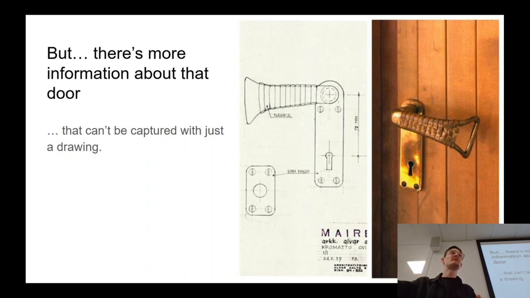And maybe there's a fire engineer who then has access to that information, who can then make a judgment on the fact that maybe today, if you wrapped this particular door handle in leather, they would say, well, I've got some ethical concerns. I've got some embodied carbon concerns. And then you have this conversation before the thing even gets built. That's what building information modeling is trying to do.